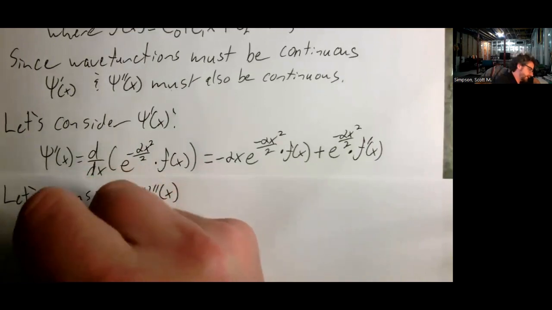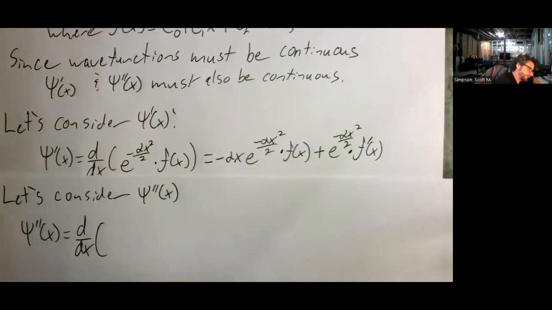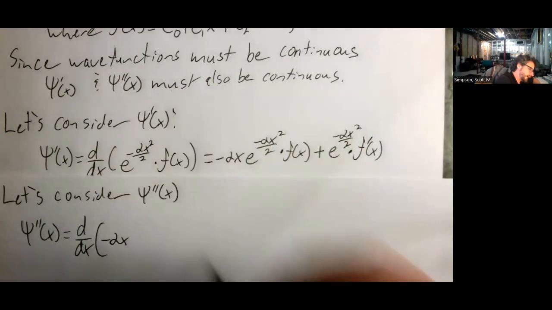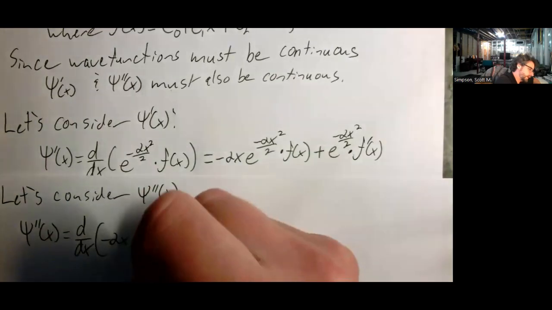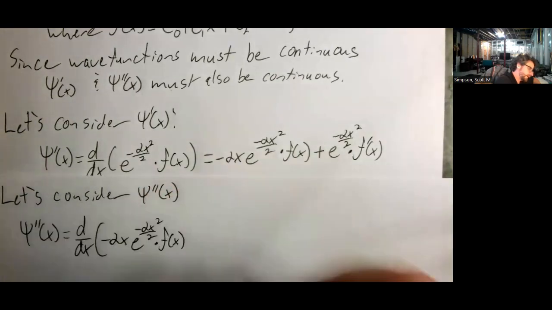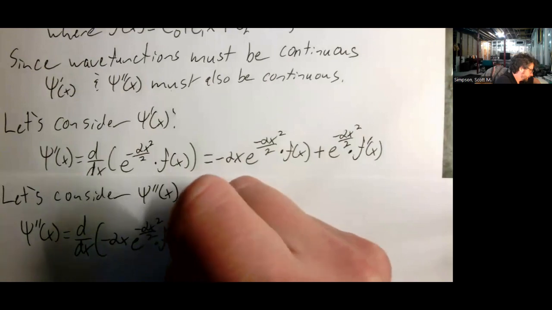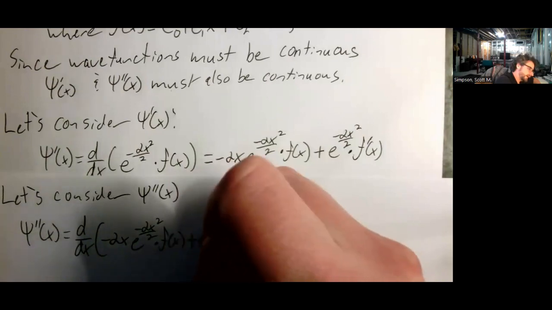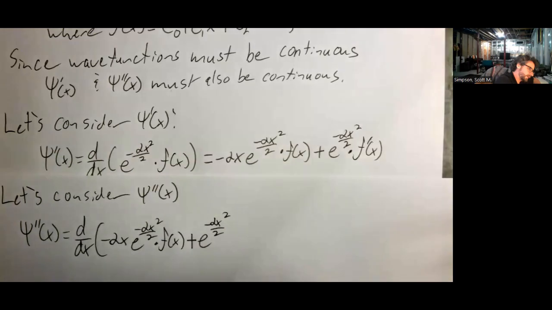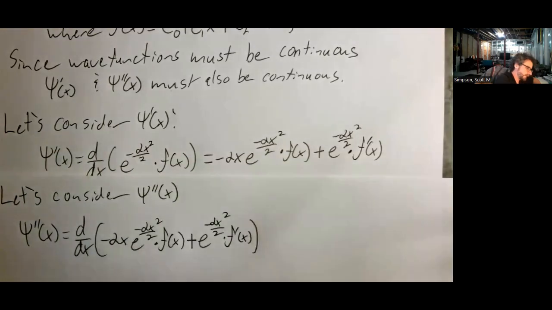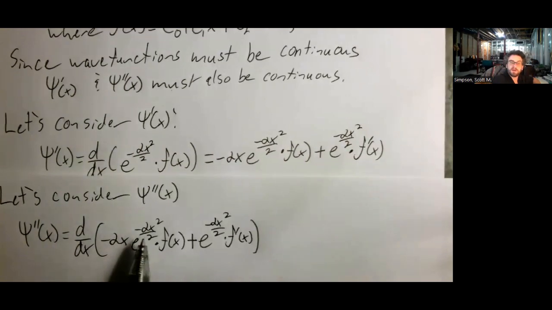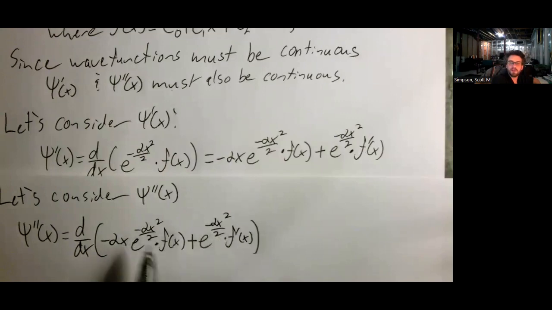So let's do it again. d dx of negative alpha x e to the negative alpha x squared over 2 times f of x plus e to the negative alpha x squared over 2 times f prime of x. Okay, again, this time we have two product rules, and then we have to apply the chain rule in a couple different spots to make this work out.